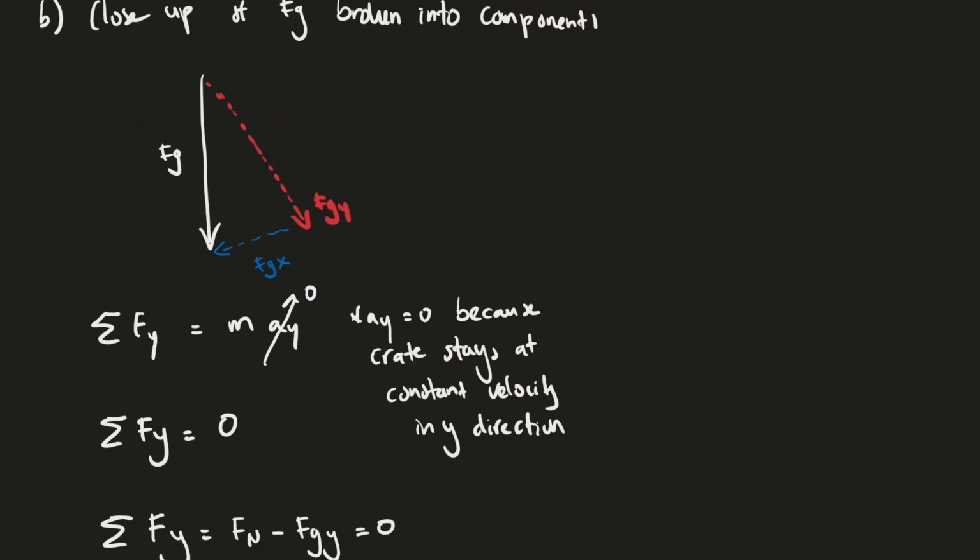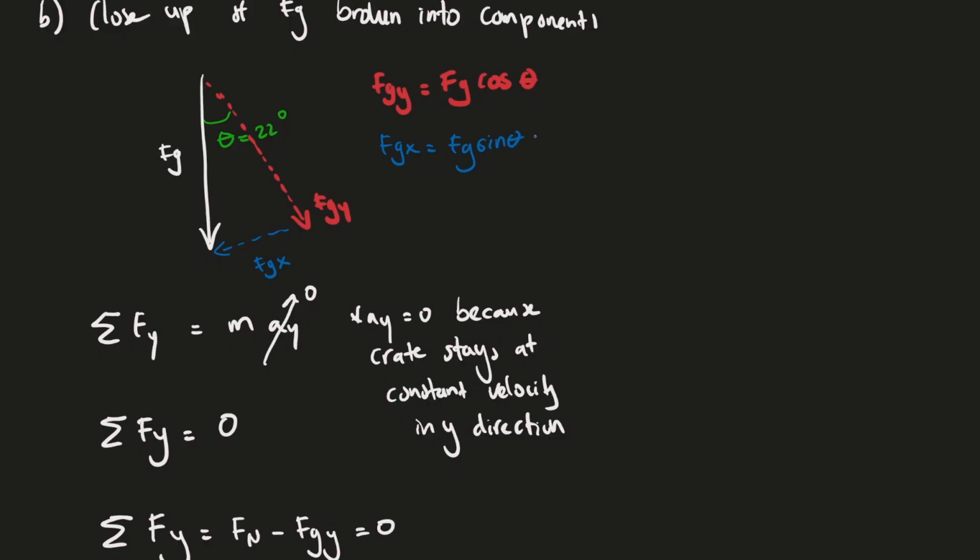This angle right here, the green one, that's theta, and that is equal to 22 degrees. So our Fgy is going to be Fg cos theta, right? And our Fgx is going to be Fg sine theta.